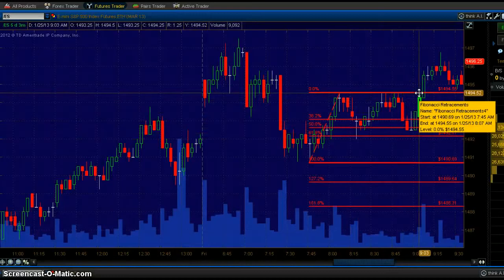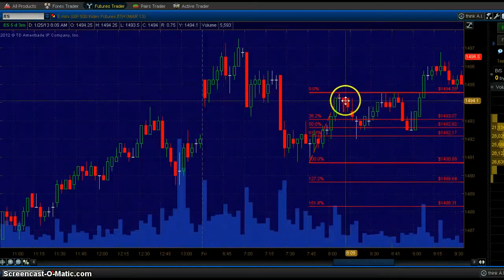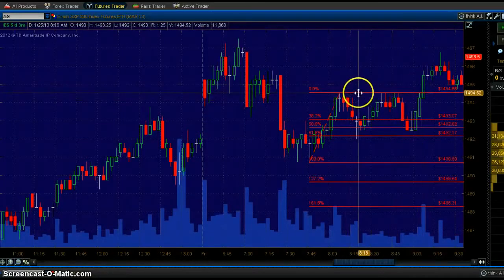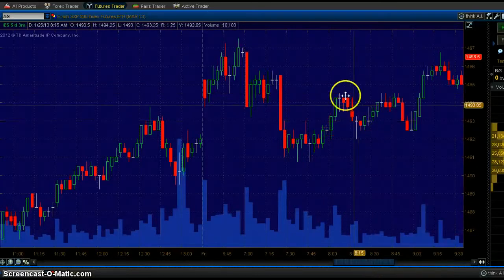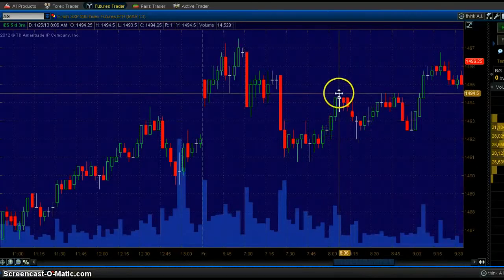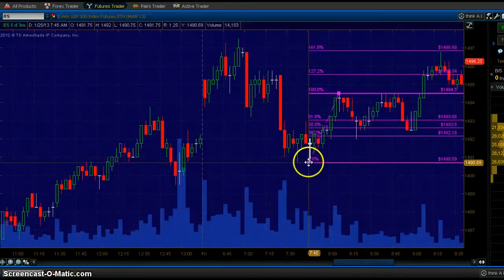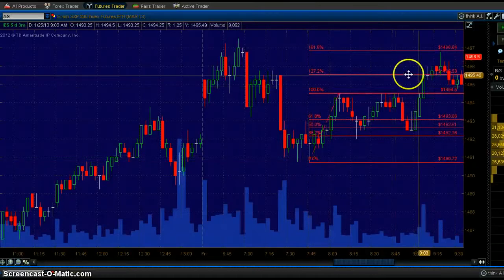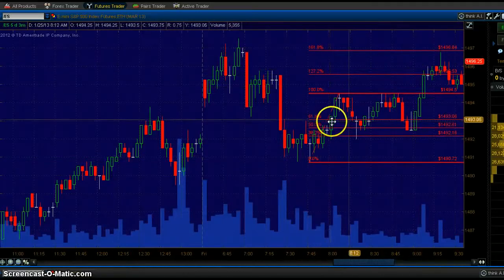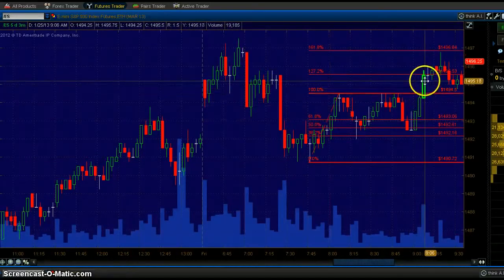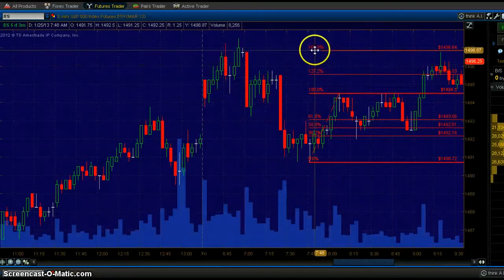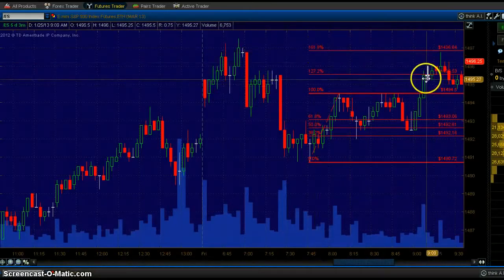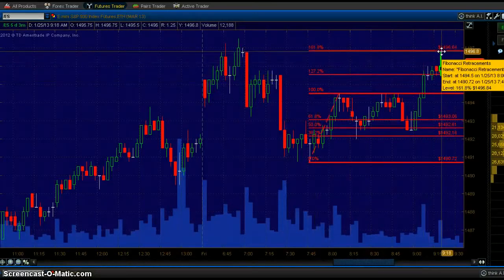It's moving higher. If you had a target, it would have been again right around these highs, or as you saw it move higher there, you're saying, oh, it might start moving back up for the day. So you had your active targets. These are the common target prices, and as you saw it break higher here, your target would have been the 127.2 or the 161.8. It did, and it hit 161.8.